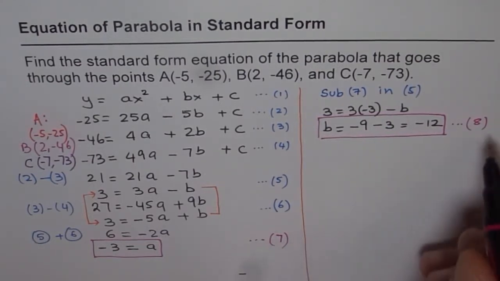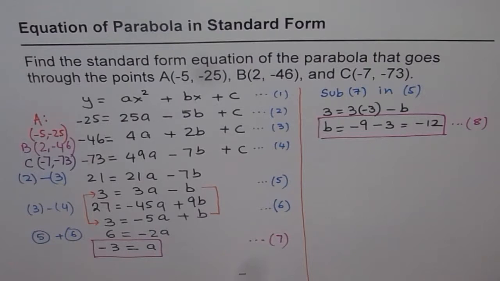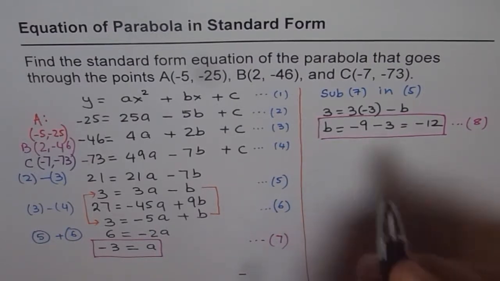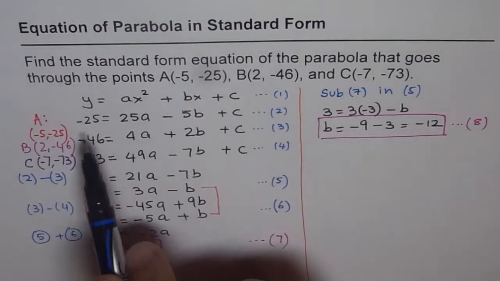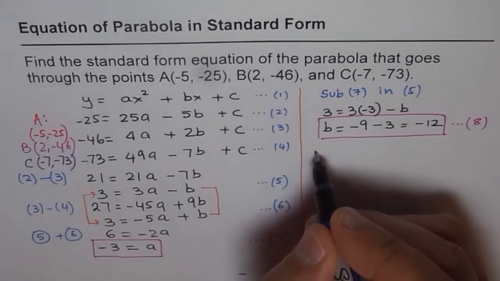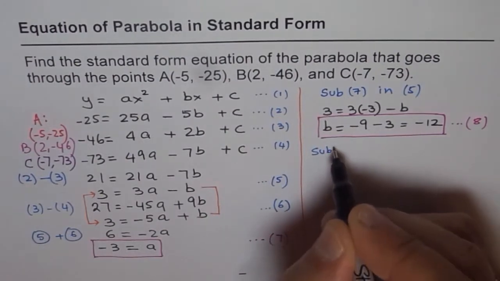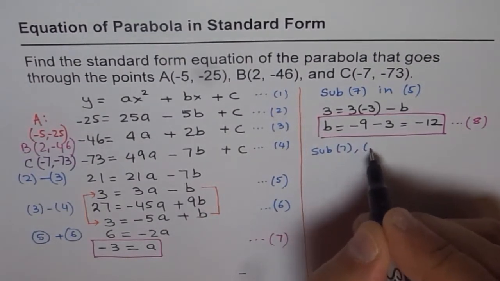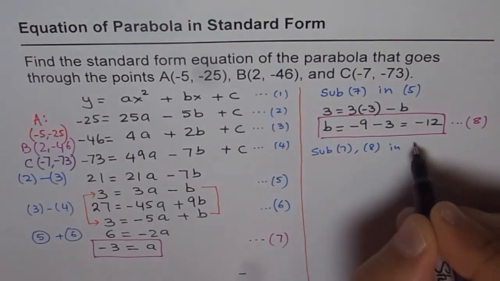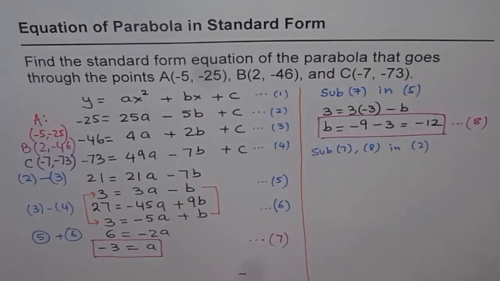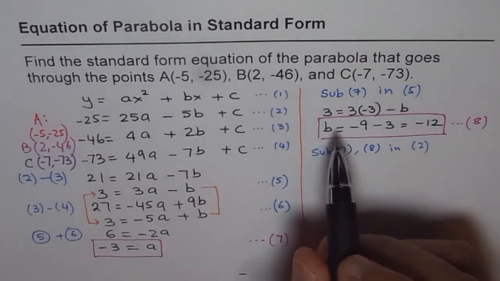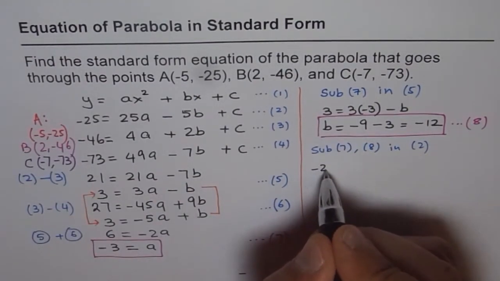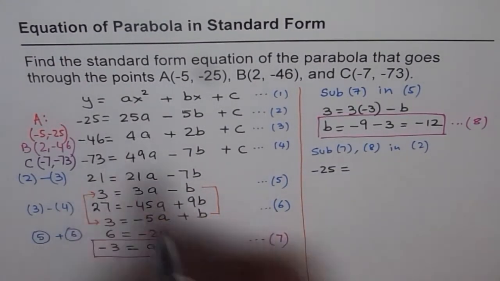Now we have a and b. So what should we do? We should substitute these values to find the value of c. We can use the very first equation with the number a, which is equation 2. So we'll substitute 7 and 8 in equation 2. Equation 2 is minus 25 equals 25 times a minus 5 times b plus c.